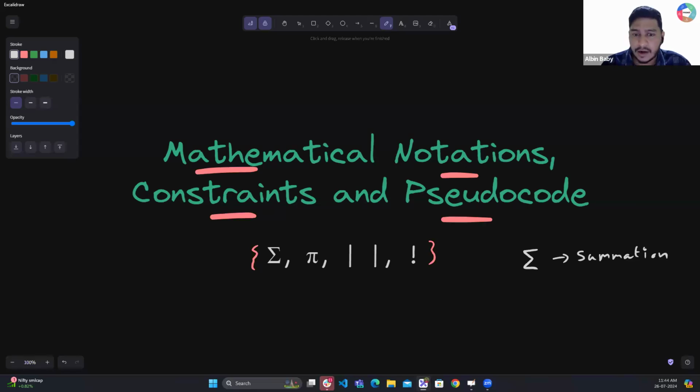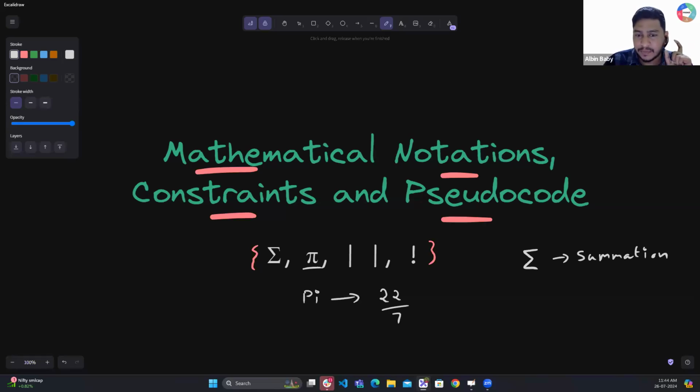And what does this stand for? This is pi. But this is not your pi, like what you have learned so far, that is 22 by 7, what you have learned in your math classes. This is different. We'll learn about it.